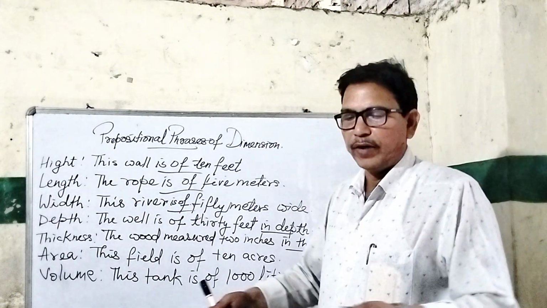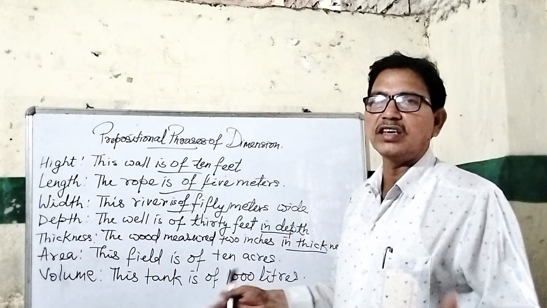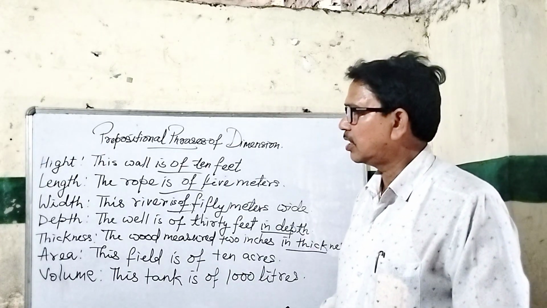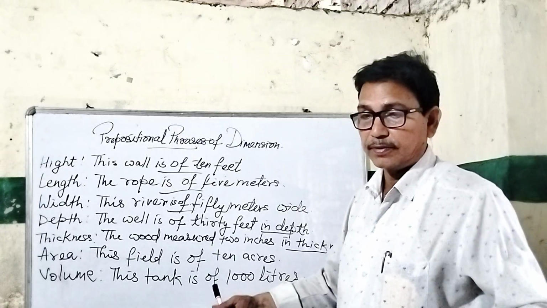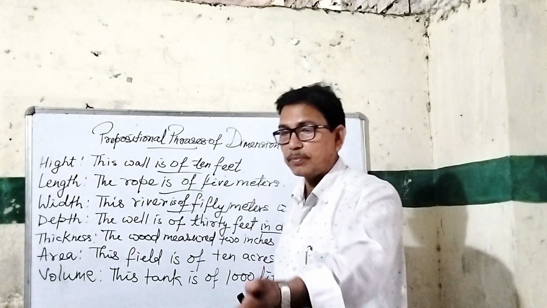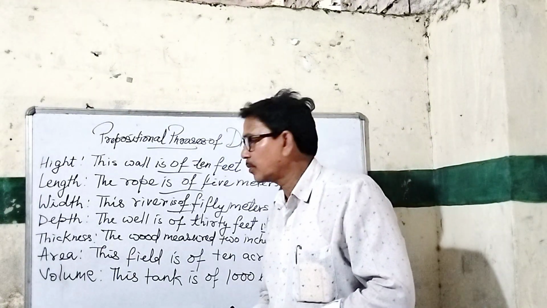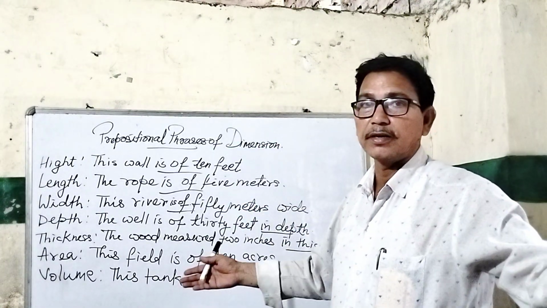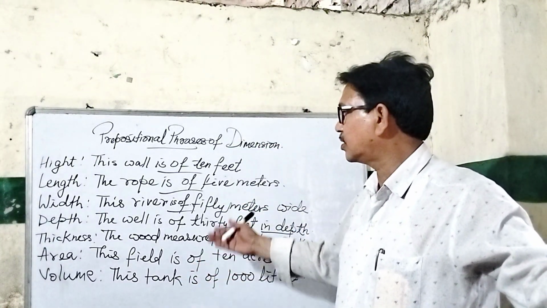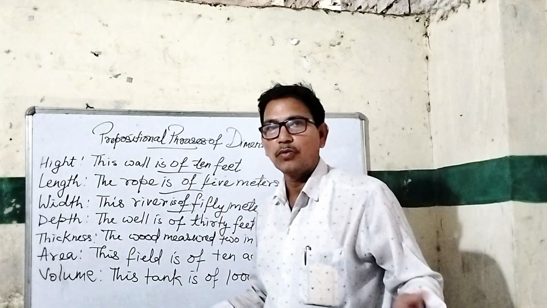Third one is width. Sometimes width, W-I-D-T-H, is called breadth also, B-R-E-A-D-T-H. For example, I can say that the river is of 50 meters. So this sentence is talking about width.